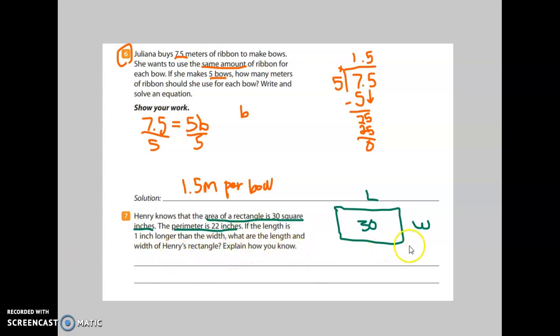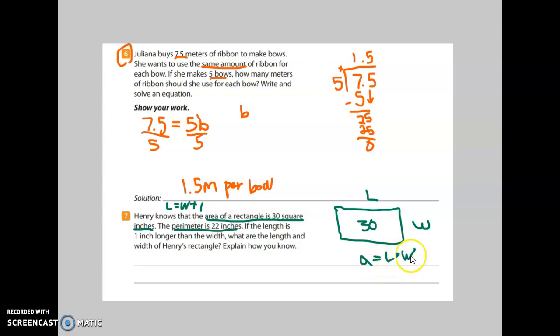Explain how you know. So I know that the length is 1 inch longer than the width. So this tells me that L equals the width plus 1. I also know that area equals length times width.